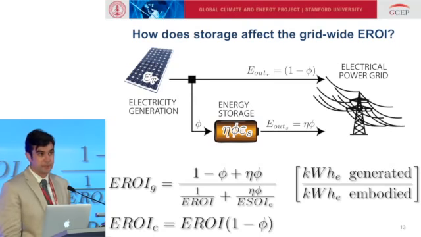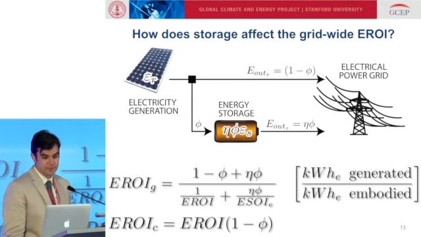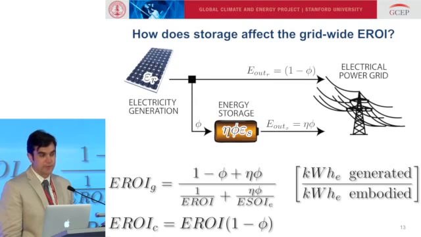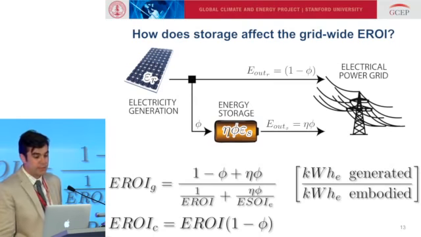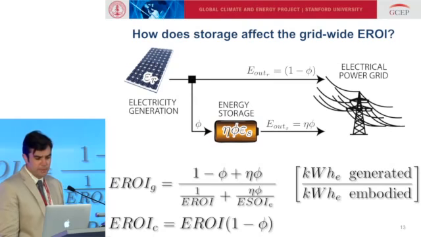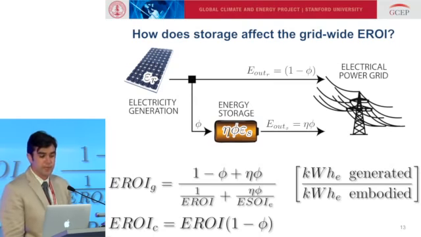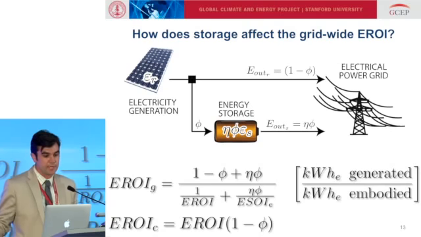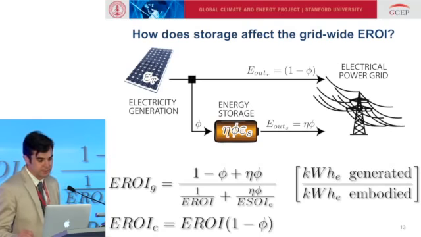Now energy needs to be expended to build the battery, and then some energy is lost due to the inefficiency of the battery. The resultant equation is this grid scale EROI, EROIG, and we can compare this to a simple curtailment equation. So say that fraction that didn't go through storage because the storage device wasn't there was simply curtailed because that energy wasn't useful at that particular time of day.